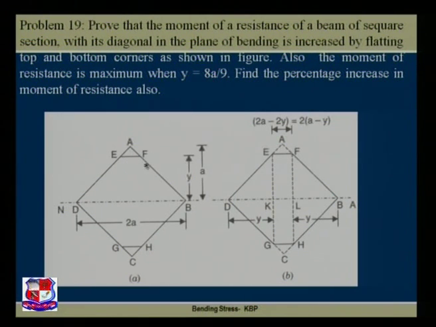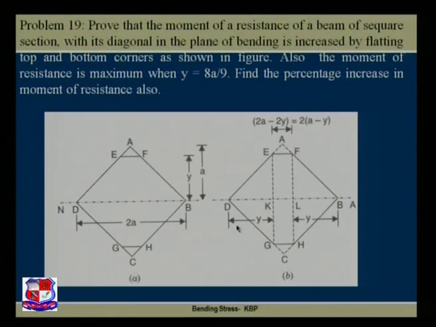It means I have to cut down this small triangle portion AEF, so this part becomes flat. I have to cut down this portion and remove it so that this part becomes flat, and my new section which will be available is EFBHGD.